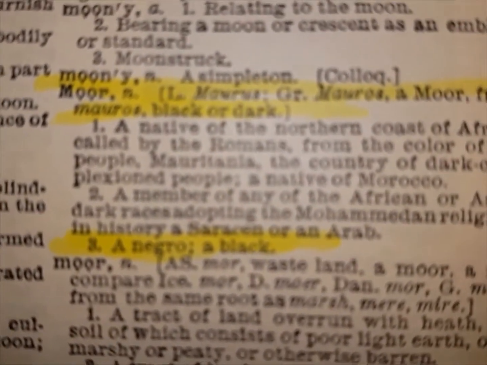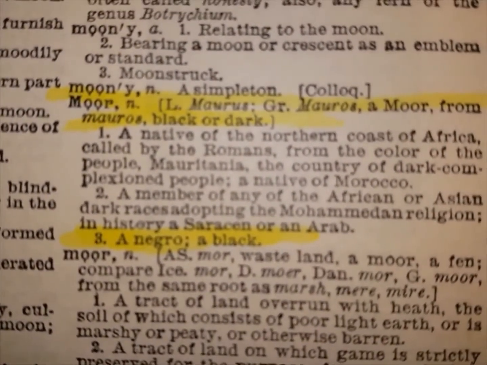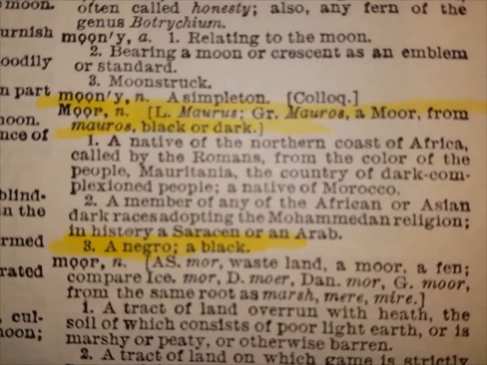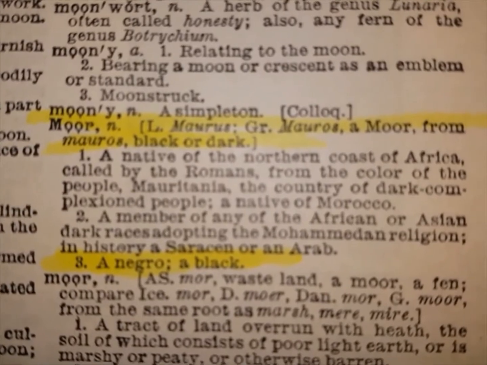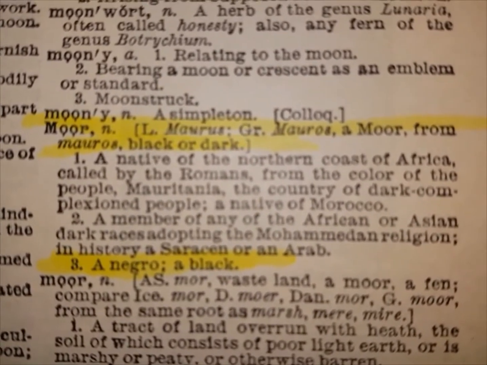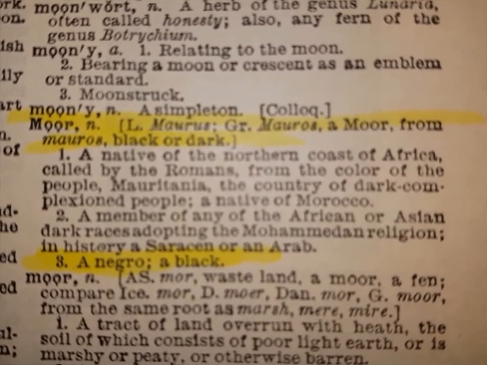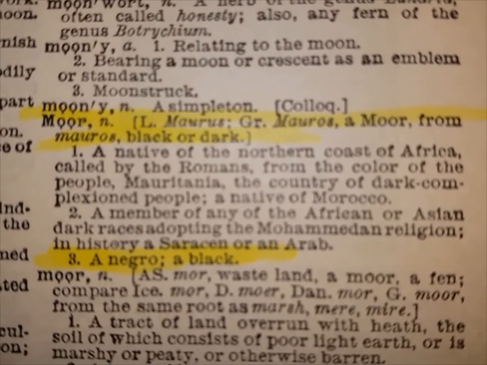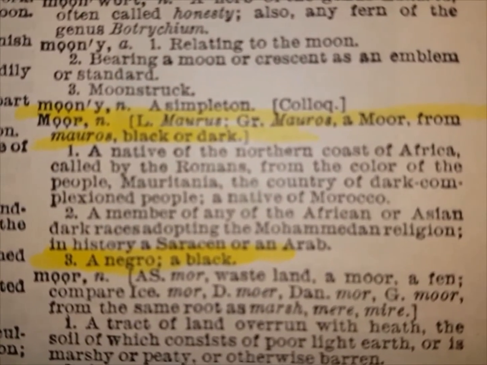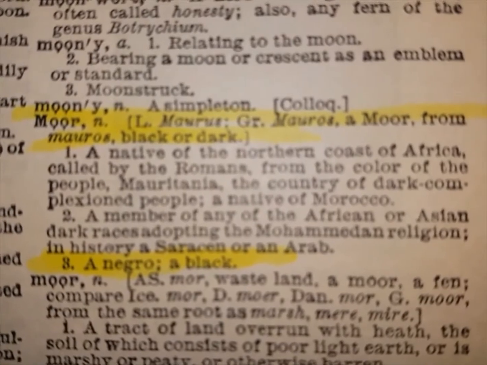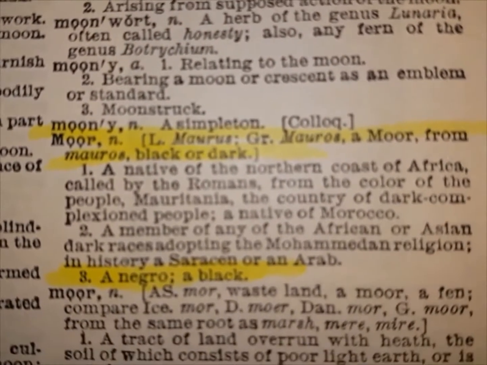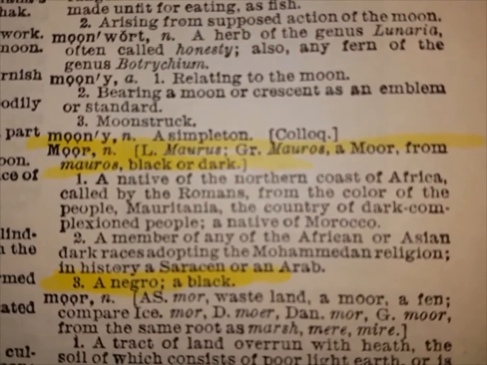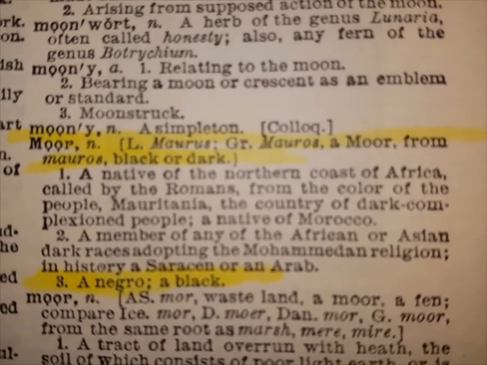Definition 3 says a Negro, a black. You understand? So if you a so-called Negro, the 1936 Webster's Universal Dictionary says that you are Moor. And we got some more history that's going to show that you are the real Jew. But nonetheless, whether you can accept the rest of it or not, at least accept what's in your face.